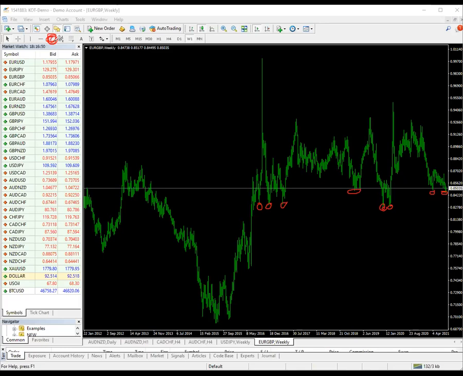If you put the cursor on it, it will show you "draw trend line". So you click on it, then you bring it, then you draw your trend line. So this is our trend line.